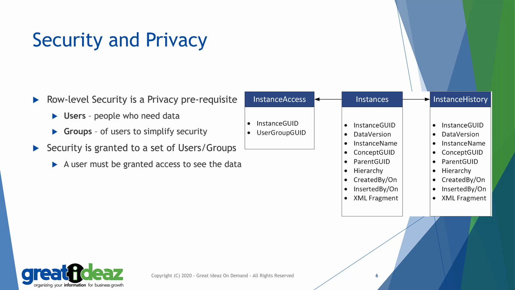Access typically cascades down a hierarchy. So for example, in our insurance policy application, if I have an insurance policy that is visible to the user Tony, any of the child objects within that insurance policy are also visible to the user Tony.